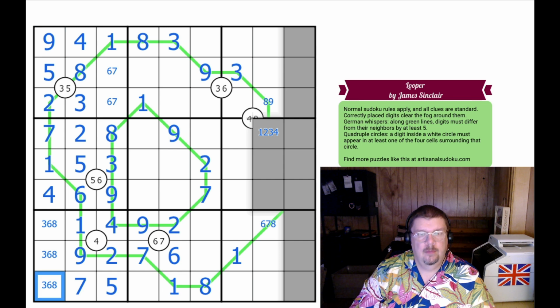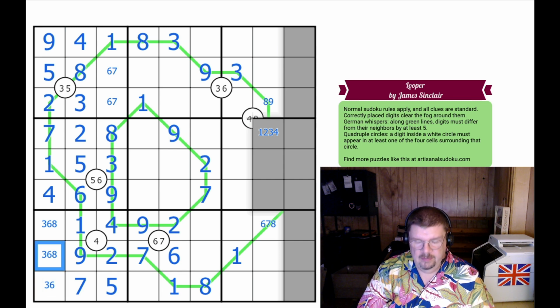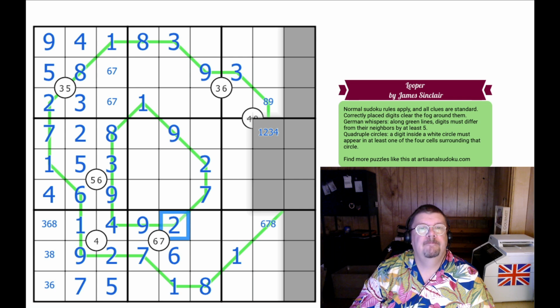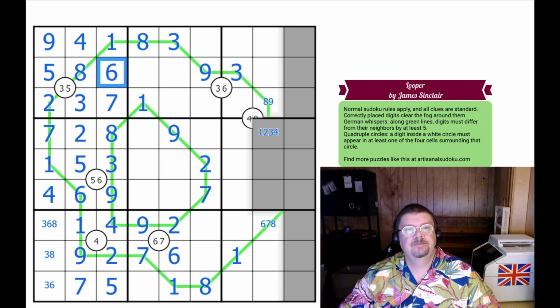That can make that one not an 8 and that one not a 6. Okay, one of these two is a 6, so that can't be. So that's a 7, and that's a 6.